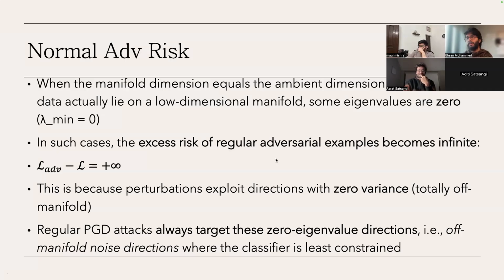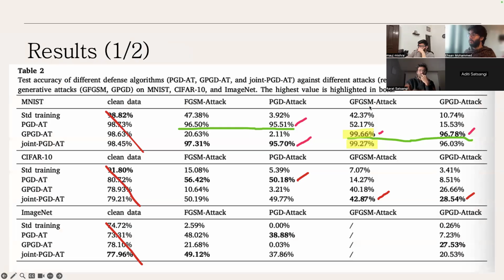Yeah. Because I think the objective is completely opposite in this case, so it might be helpful. For example, when we are doing the GFGSM and GPGD attacks, the accuracy is pretty low because, as you just mentioned, we have no eigenvalues or eigenvectors that we are looking at which have zero variability, or which are not explaining any variability in the data.